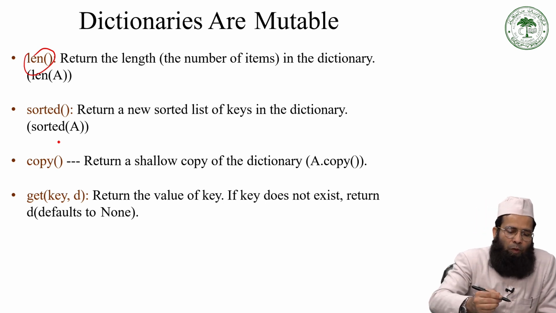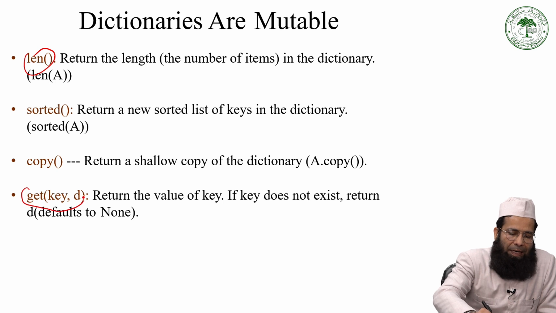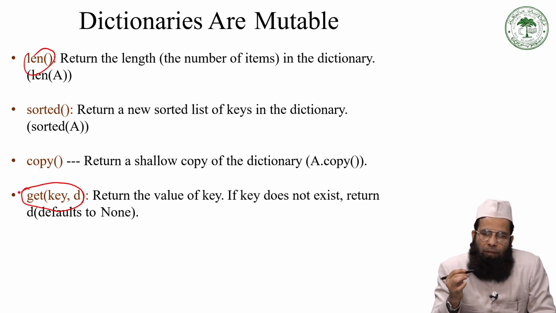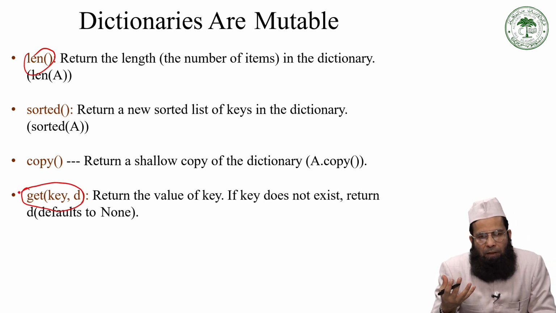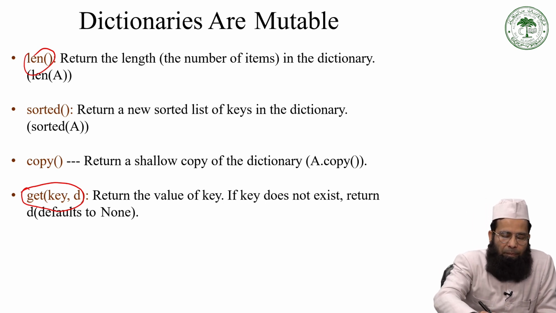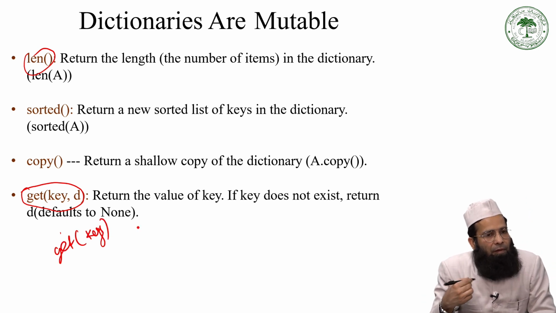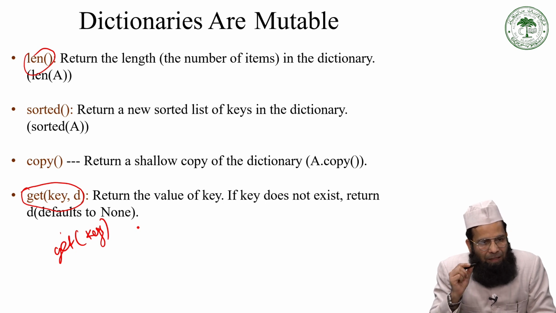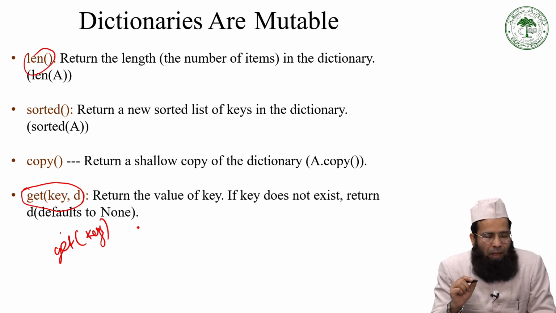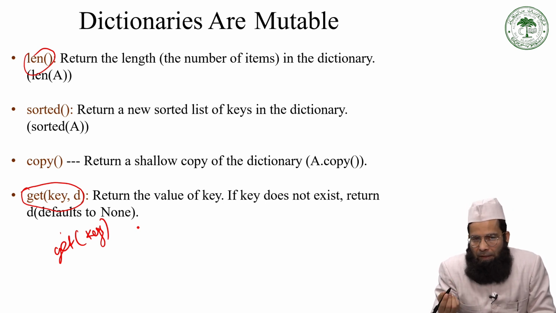There is one more version of get. We have seen get is used to return the value of a key. Suppose in the previous slide I discussed get(key). What it gives you is the value present at that key, and if the key is not present, then the default D would be returned.